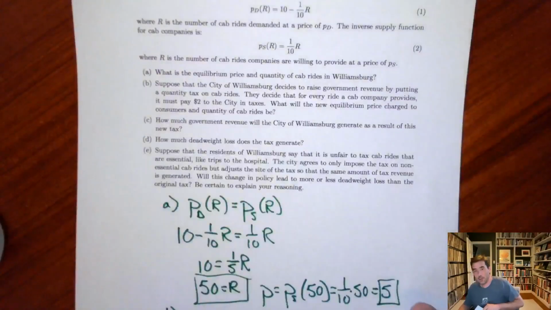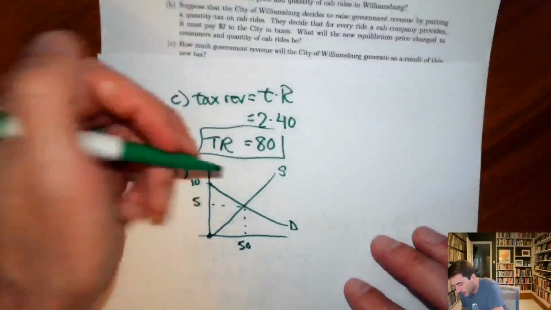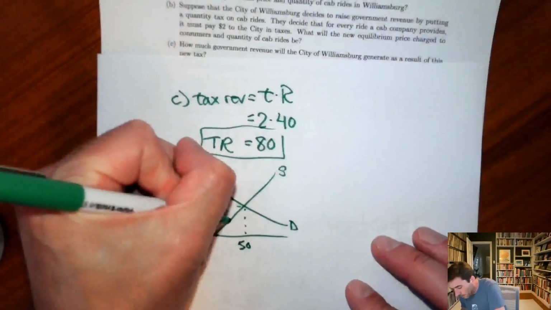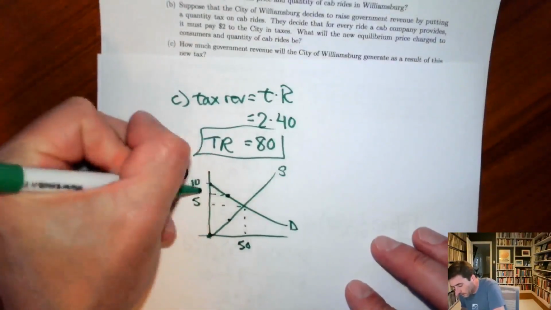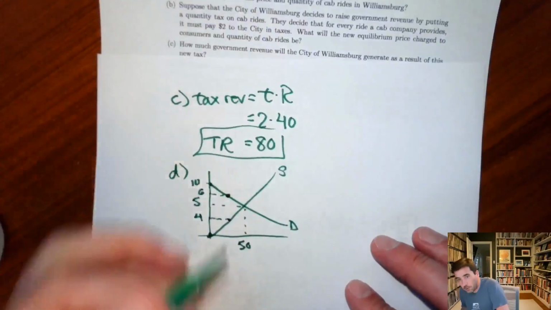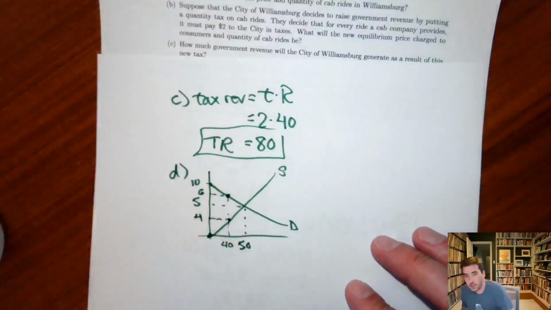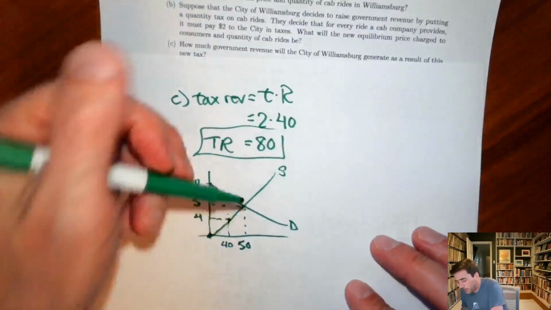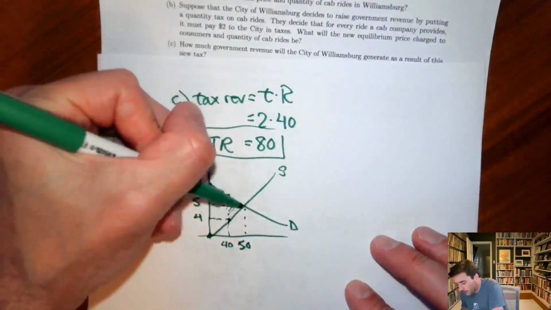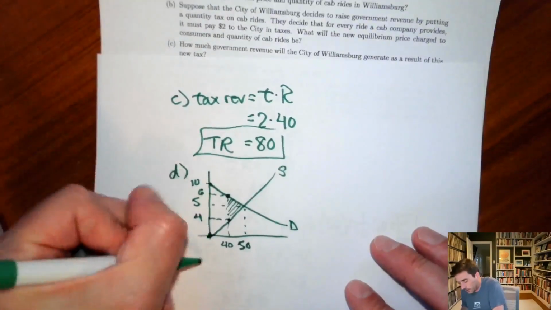If we look back to our part A answer, and then in our part B answer, we realize that now with the tax, consumers are up here at $6, producers are down here at $4, and all that is taking place at a quantity of 40. So my deadweight loss is this triangle here, and now I have all the numbers I need to solve for that, right?